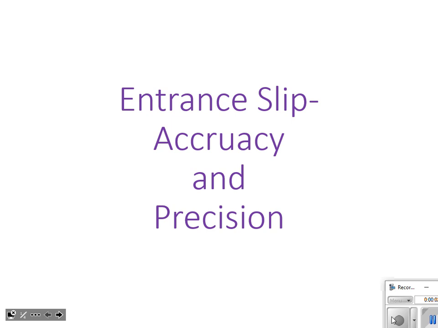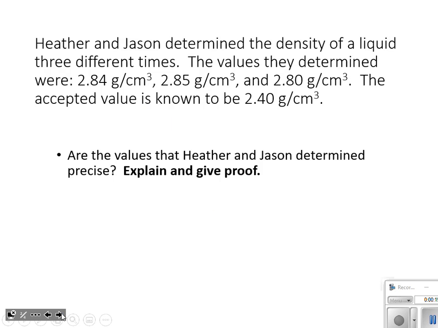At my entrance slip for accuracy and precision, I come over here and get to the very first question. It says Heather and Jason determined the density of a liquid 3 different times.